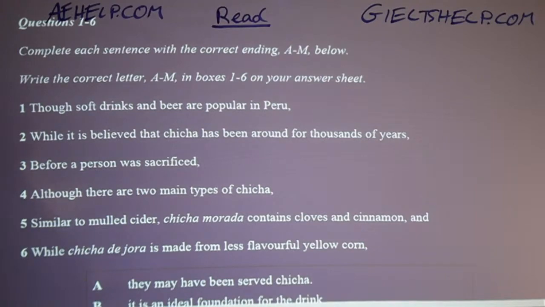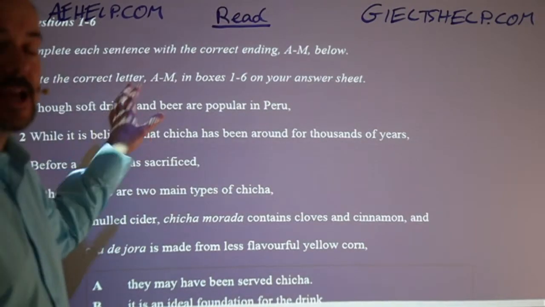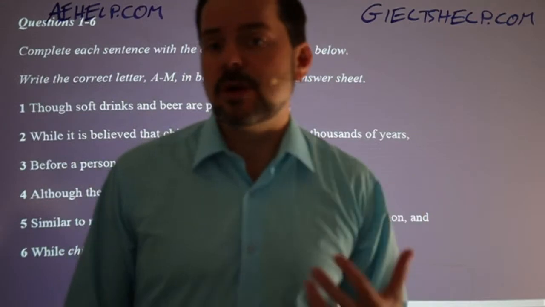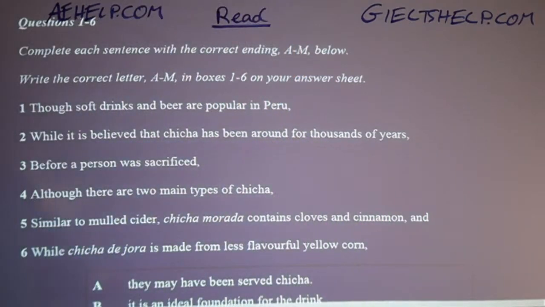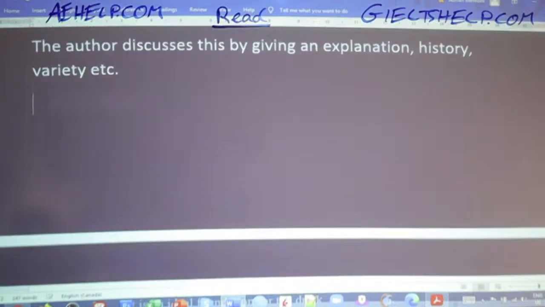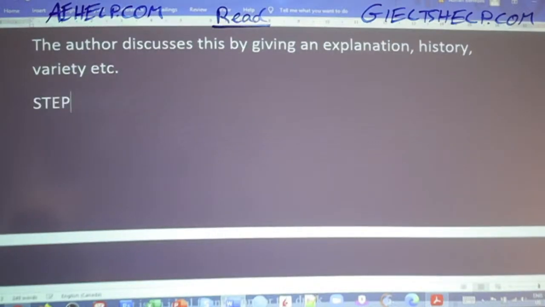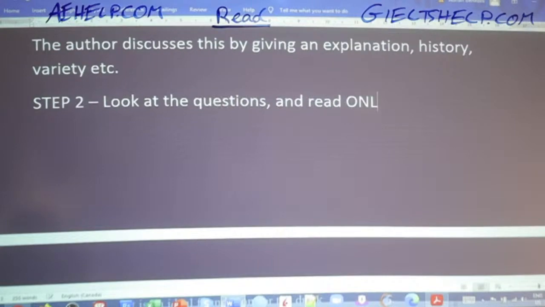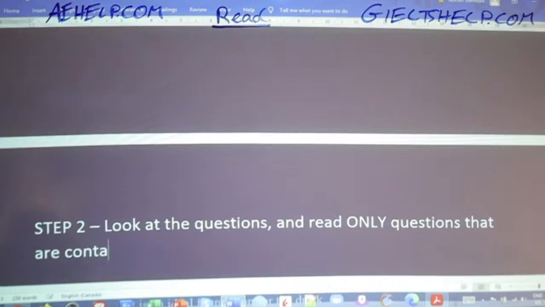All right. So our first set of questions, okay, that's your next step always, students, is take a look at the questions. Which questions should you read? Which questions should you avoid? Okay. So when you're in the reading section of the IELTS exam, your step 2 is look at the questions, and read only questions that are contained in the passage.